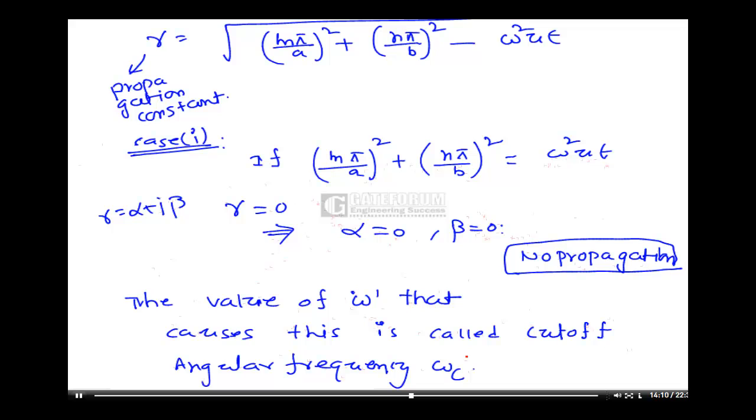That is, we are indicating with a particular value omega c that there is no propagation.